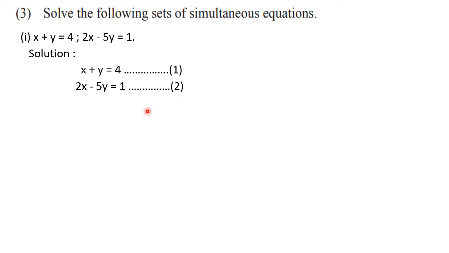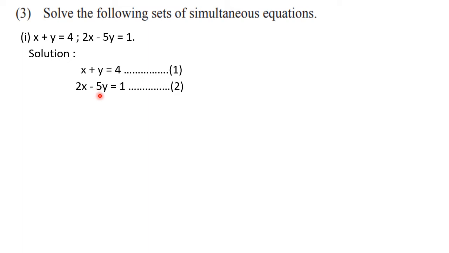After writing the equations, after numbering them, now the next thing to observe is the coefficients. We need any one coefficient to be equal, either of x or of y. What we can observe here is the coefficient of x is 1 here and here it is 2. Similarly, the coefficient of y is here 1 and here it is minus 5. It is not equal.